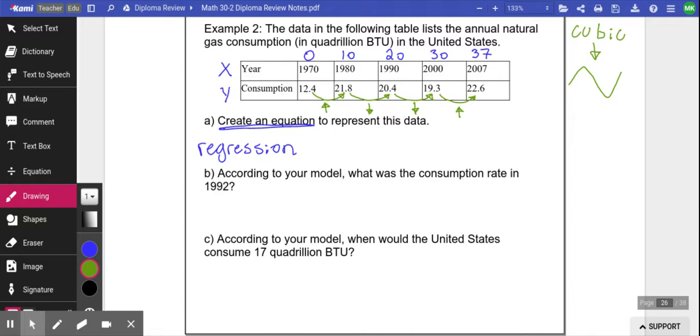I believe it says something like X1 or list 1, Y2 or list 2, and then it says store reg. Remember, that's where you can tell your calculator to take your regression and put it into Y1.